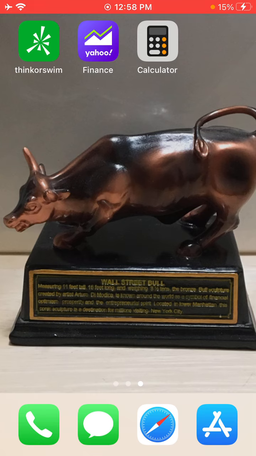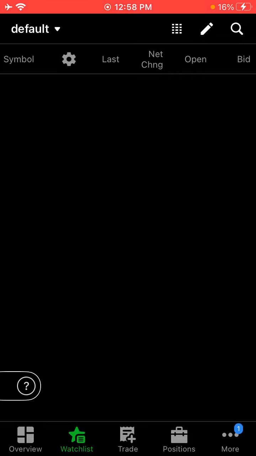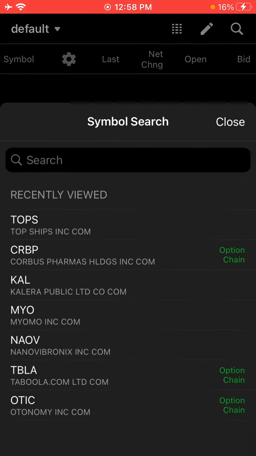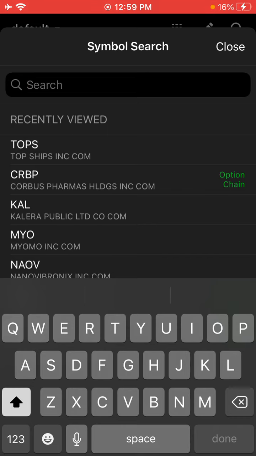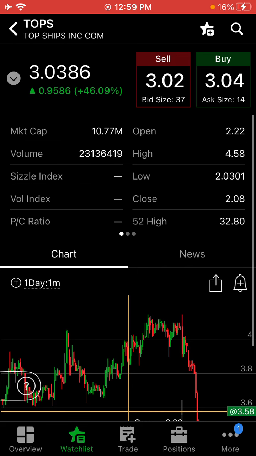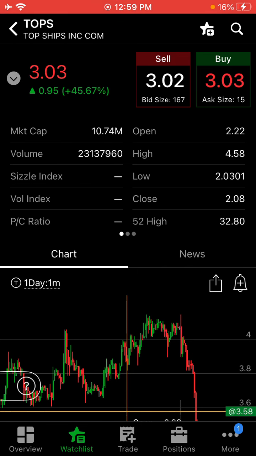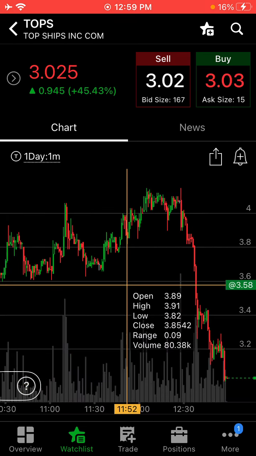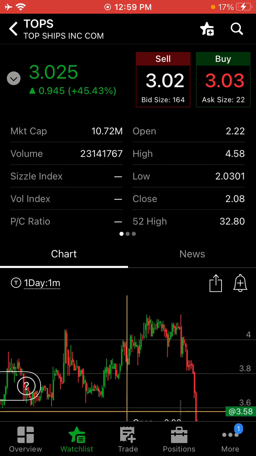So first I'm gonna use thinkorswim. So if we go to thinkorswim, I'll go up here and put in a ticker. Today TOPS was running. And so you can see sometimes it'll just show the price like this, but if you push the arrow next to the price, you can see the market cap.